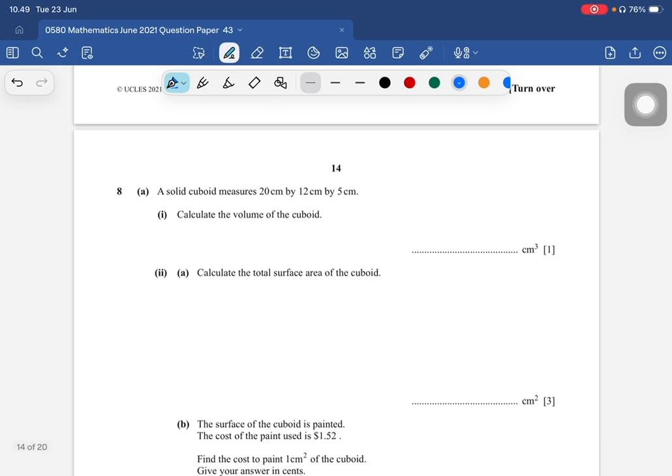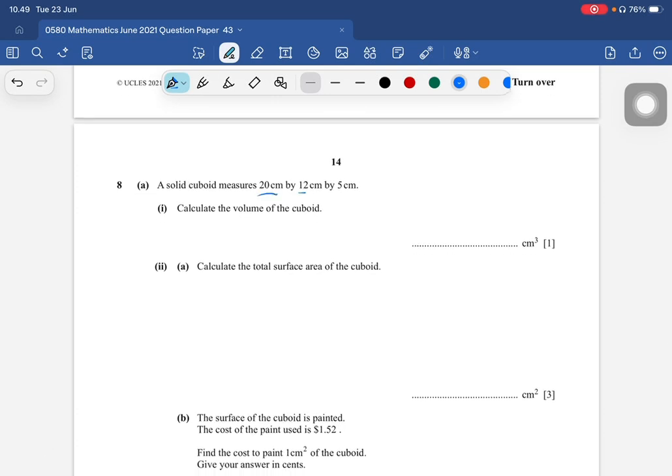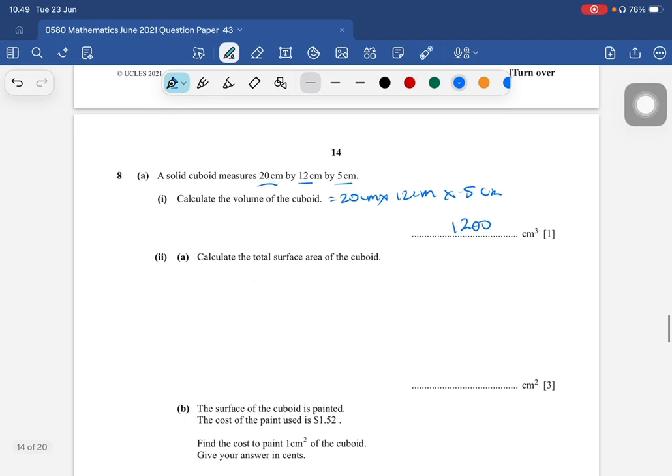A solid cuboid measures 20 centimeters by 12 centimeters by 5 centimeters. So the volume of the cuboid is 20 centimeters multiplied by 12 centimeters multiplied by 5 centimeters, so I get the answer 1,200. Calculate the total surface area of the cuboid.